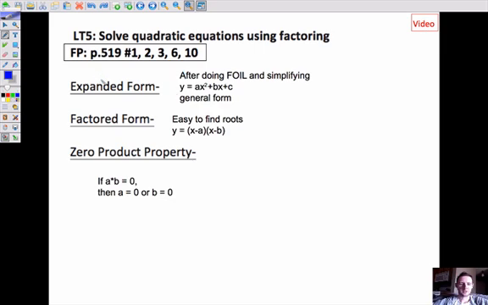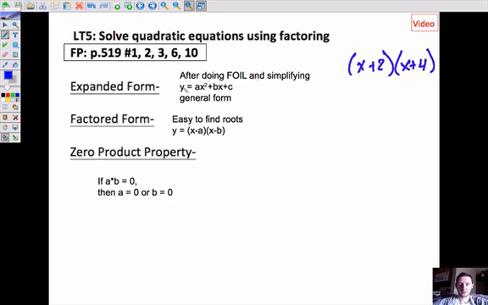Here's some quick definitions for you. Expanded form. This is what you get after doing FOIL and then simplifying. If you remember all the way back to the beginning of the year, we might have had something like that, and we would use FOIL or the distributive property to simplify this.